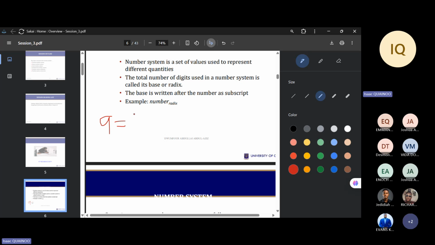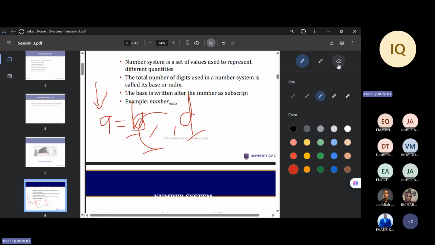The key word here is the uniqueness of the digits, okay? So let's say it can accommodate, let's say, B, C, and then let's say D, okay? Then we can say that this particular number system A is to the base 3 or to the radix 3. Okay, so base and radix can be used interchangeably. It all represents the unique number of digits that are represented in that particular number system.